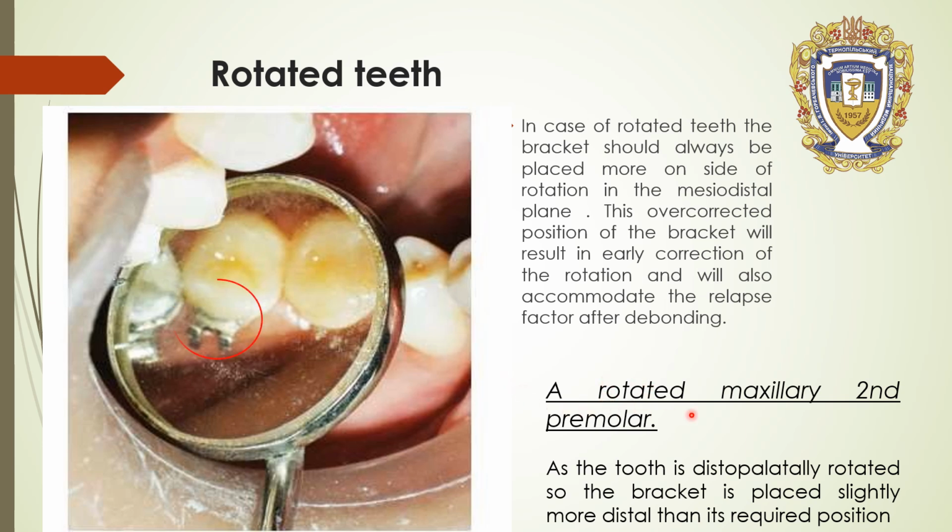Here is shown a rotated maxillary second premolar. As the tooth is distopalatally rotated, the bracket is placed slightly more distal than its required position.